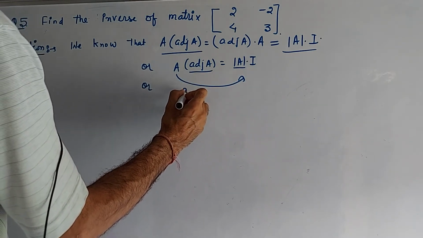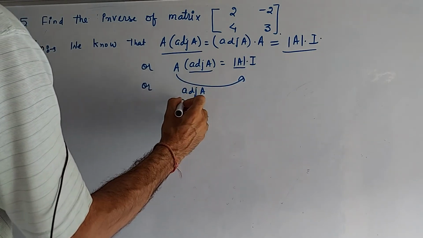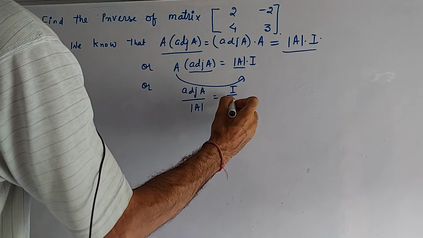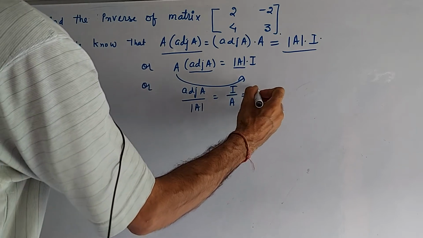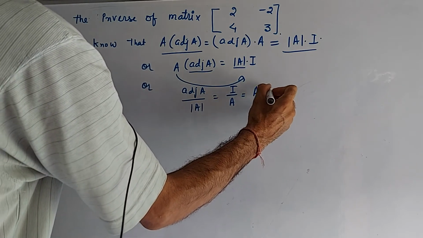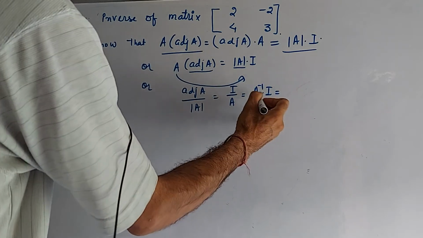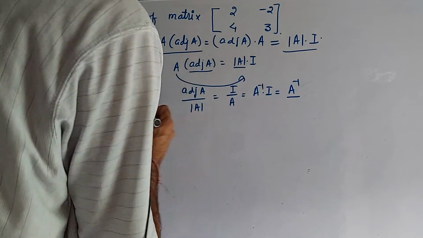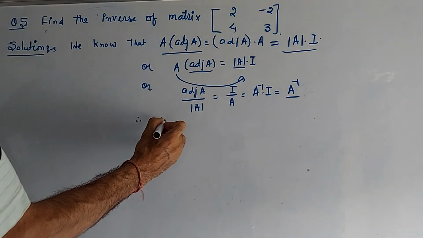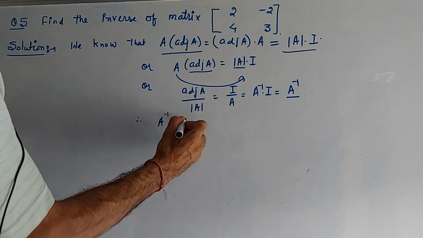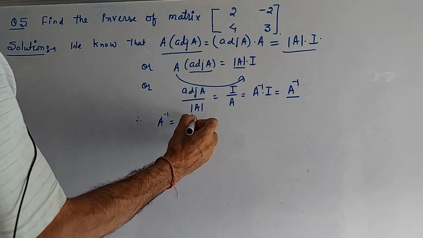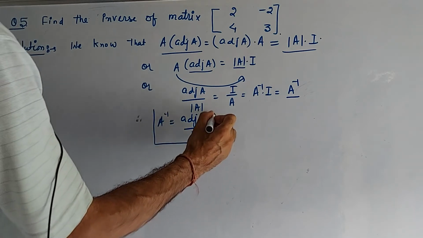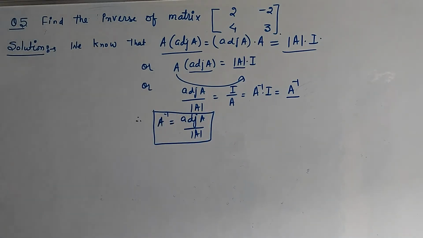So we get adjoint of A divided by determinant of A equal to I into A, which is equal to A inverse into I. I is the identity matrix, which is equal to A inverse matrix. Therefore, A inverse matrix is equal to adjoint of A divided by determinant of A. So this is the formula.